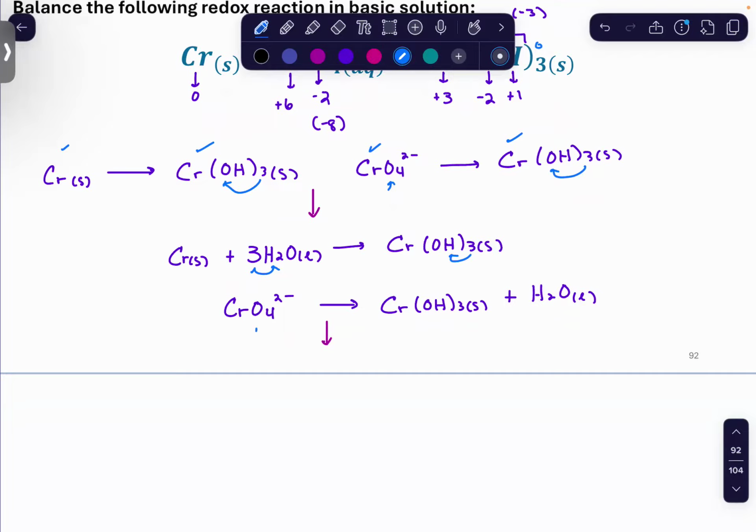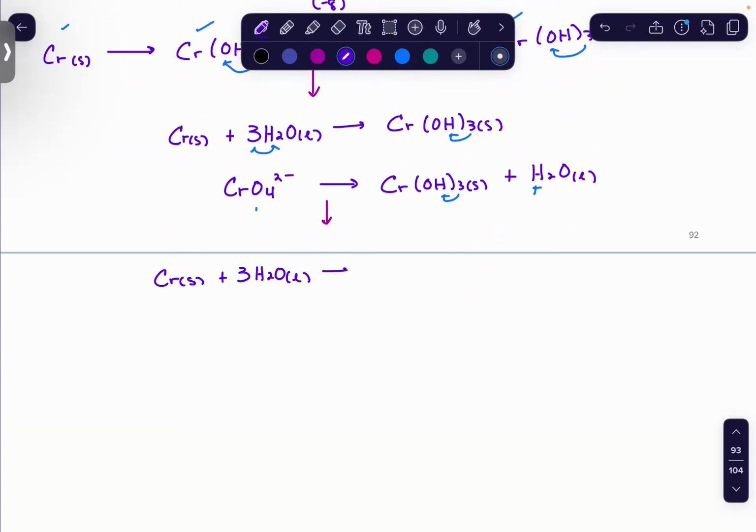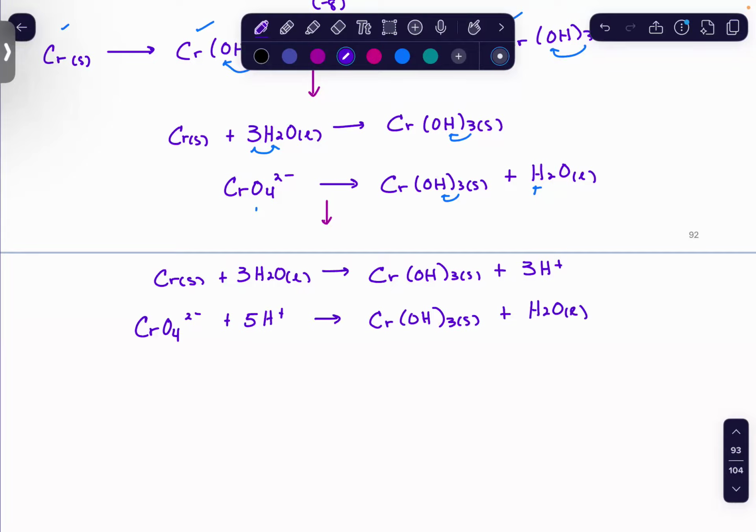Here I have 3 hydrogens and 2 hydrogens, so I'm going to need 5 hydrogens on the left. All right, now hydrogens are balanced.